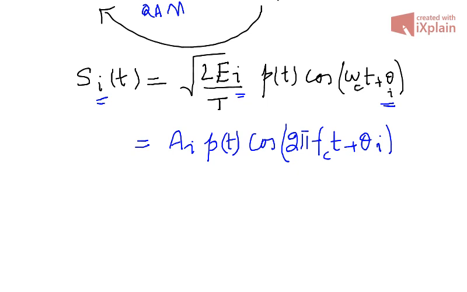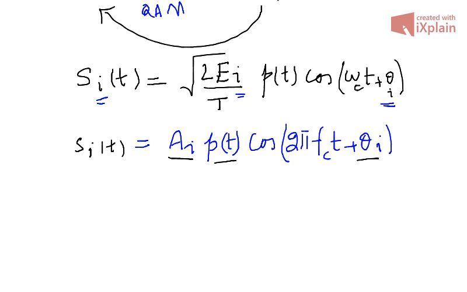Now each S_i of t has a unique amplitude and phase, and you are familiar with this p of t, which is just a pulse from 0 to T with unity amplitude.